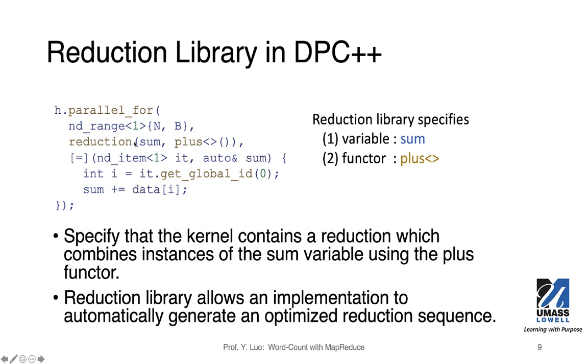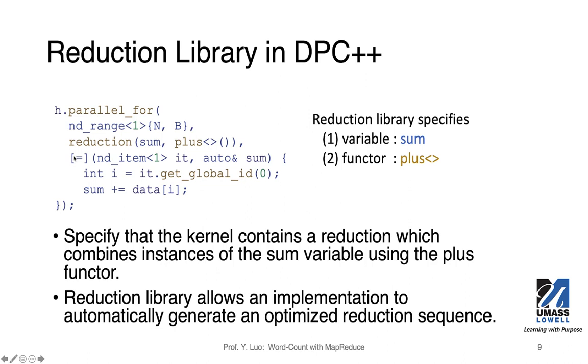So reduction(sum, plus), this defines how we're going to be using the reduction library in DPC++. Specifically, we're saying that in the reduction phase, we need to use sum as the variable to collect the partial results, and we're going to perform the plus operator on these input numbers.